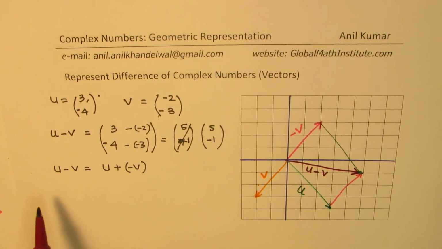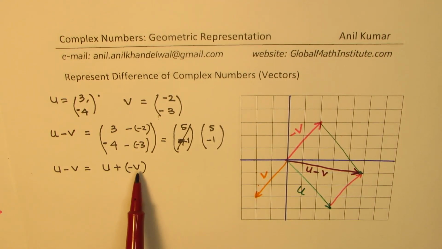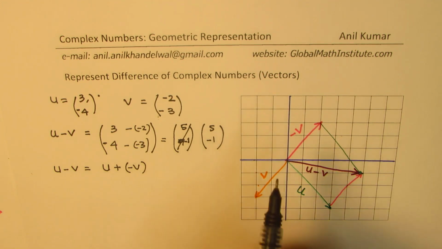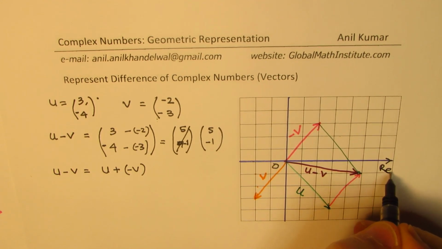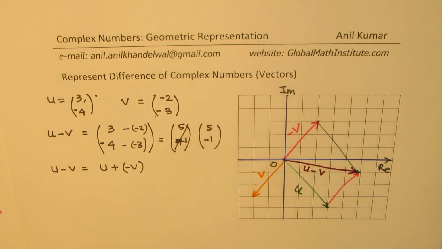Correct? So treat minus as addition of the negative vector. So that way you could use what you learned earlier, how to add vectors, even to subtract vectors. So I hope that makes sense, right? So this is the origin, that is your real axis, and that's the imaginary axis. Perfect.